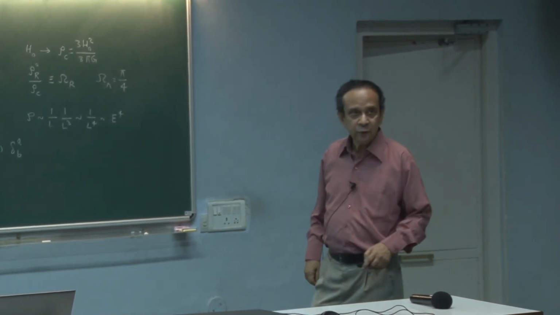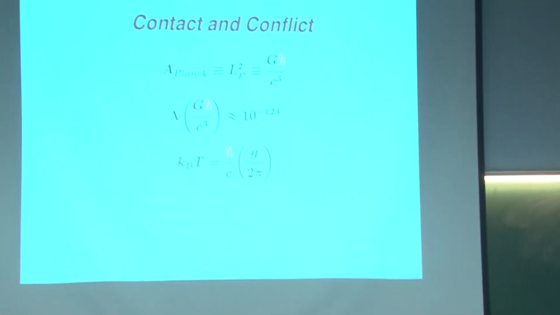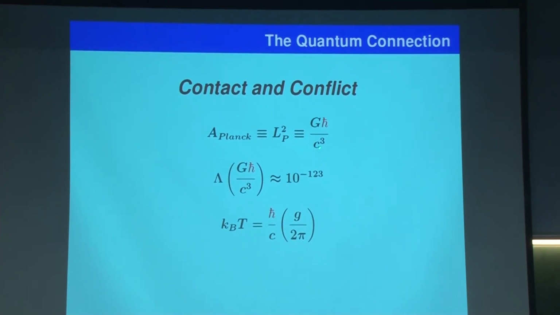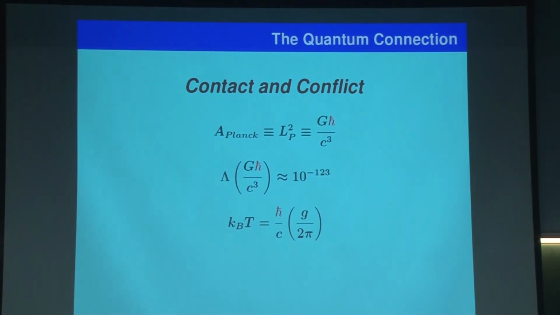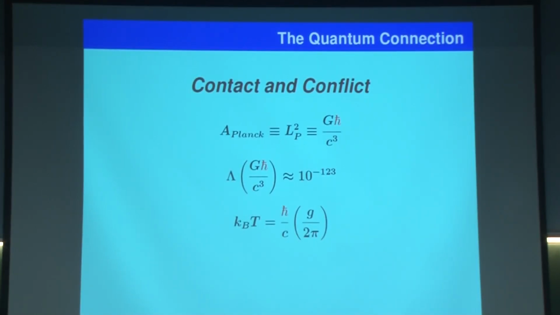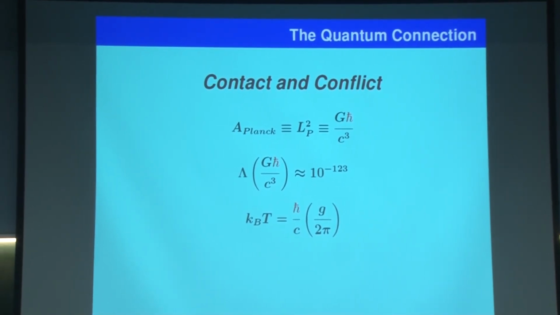Just to remind you, the contact and conflict, the quantum connection between G and ħ, comes in 3 levels. First, there is a Planck area, Għ/c³, which seems to play an important role. We already hinted at this role when we discussed black holes.